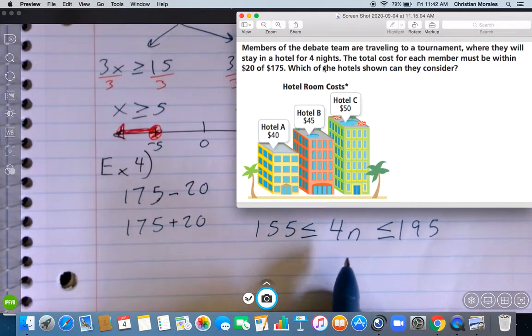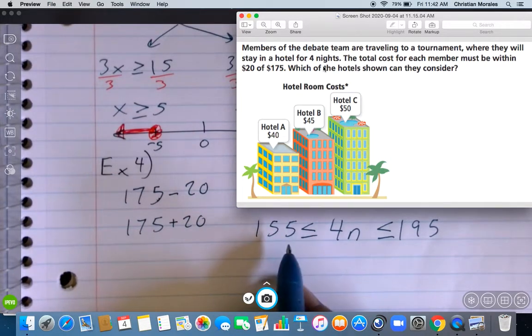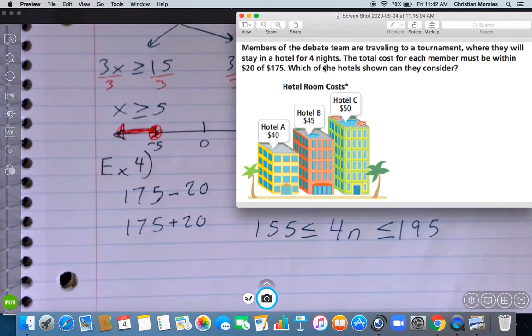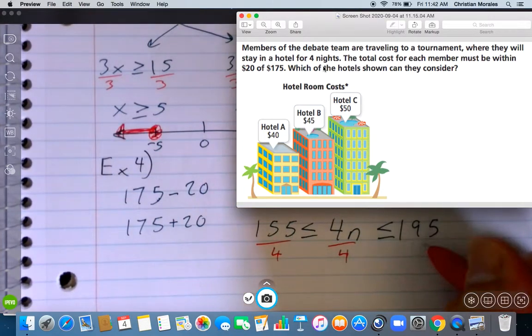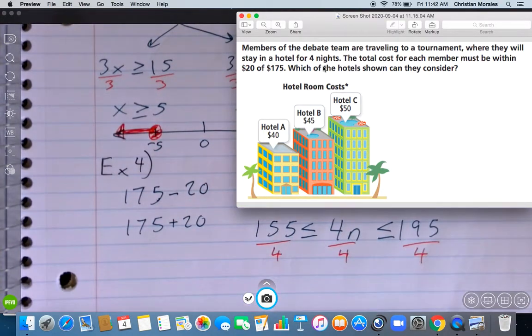So we have to solve for n. Now guys, when we have a minimum and a maximum, we did this in the last lesson, we divide all sides by 4. And I'm hoping my calculator is working now. Yes. 155 divided by 4, I have one answer.